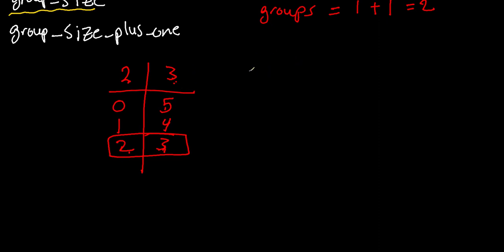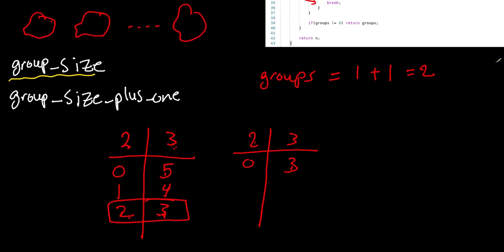So again we have 2 the group size, and 3 is the group size plus 1, and we have the count equal 3. We start with 3 0, 3 mod 3 is 0, 0 mod 2 is 0. That means we can put these 3 into one group of size group plus 1.